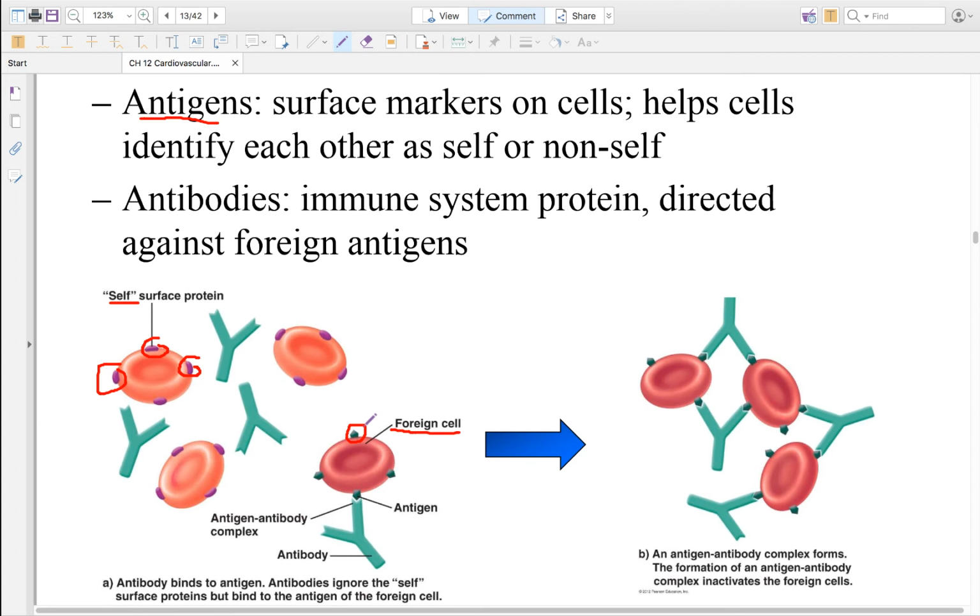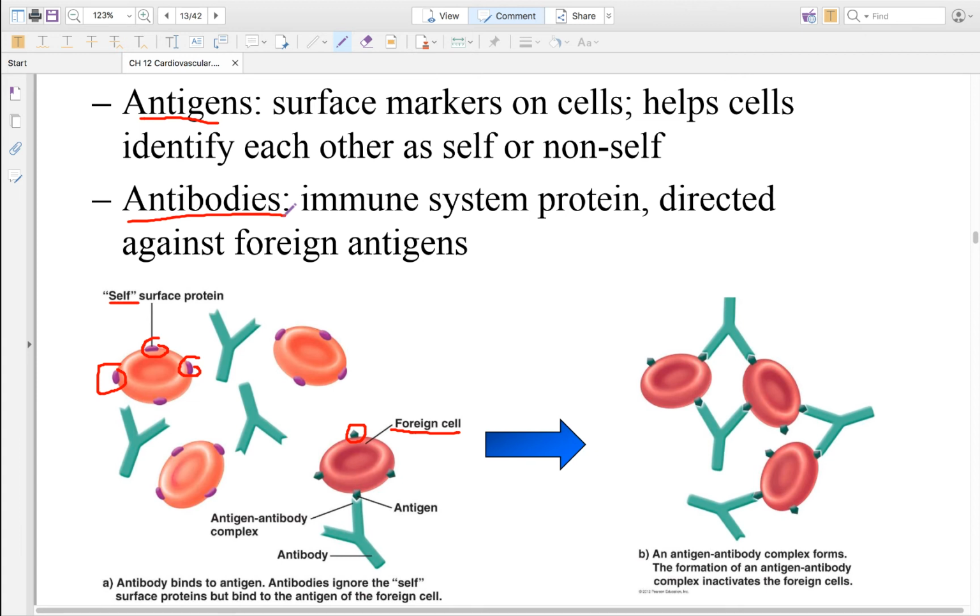Antigens are there to help the body identify what is self and what is non-self. Therefore, if you get infected with a bacteria, for example, it's going to carry foreign antigens. Viruses are going to have some type of foreign antigen that the body can recognize. And what is our response? Well, of course, our response is to make antibodies. Antibodies are made by the immune system, and they are designed for very specific foreign antigens.